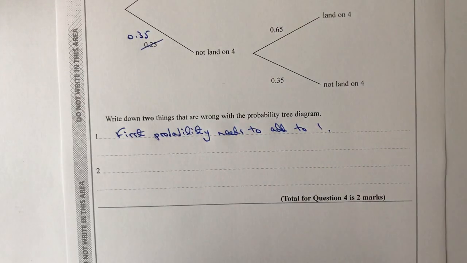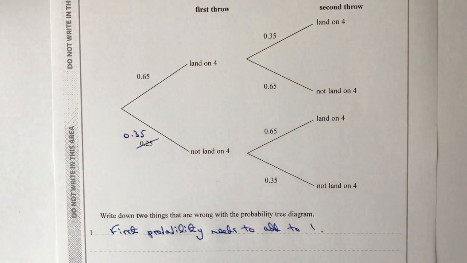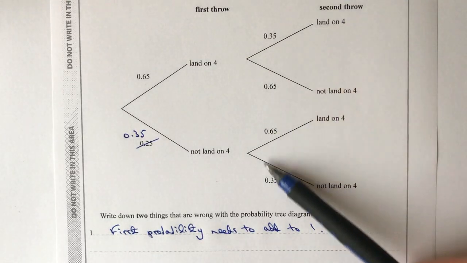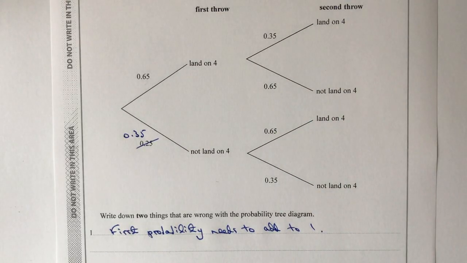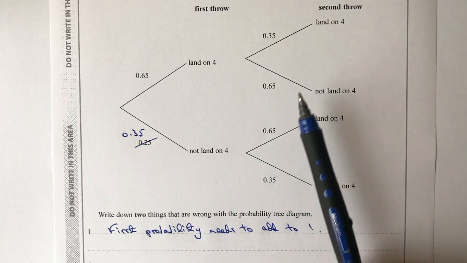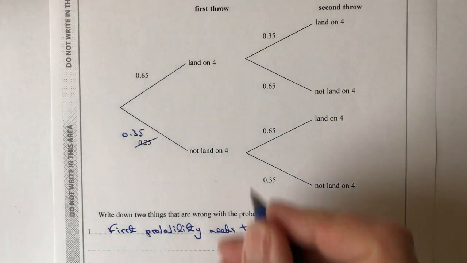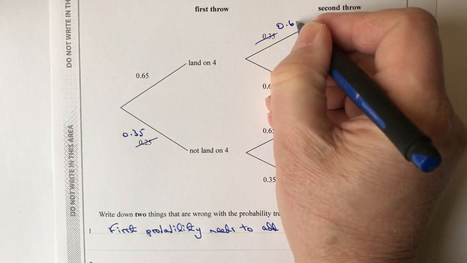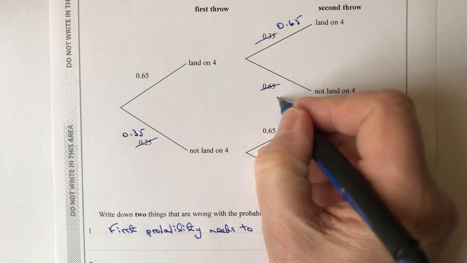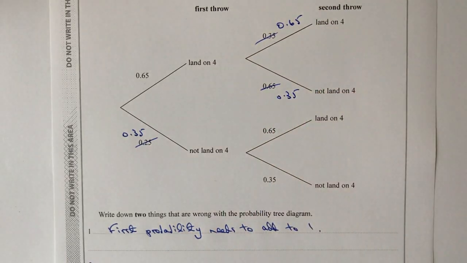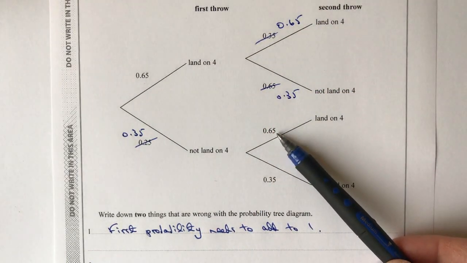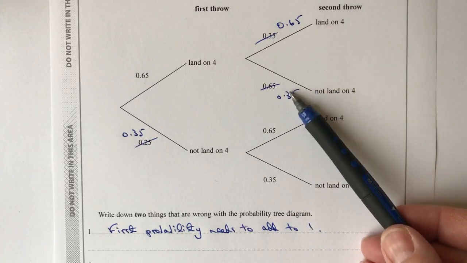The second one is that if we look in the second series of probabilities, there'll be something wrong with that, and indeed there is, because it's actually being swapped around here. The probability of landing on a 4 should be 0.65, because exactly the same dice has been thrown. So while he's got it absolutely right here, he's not got it right here.